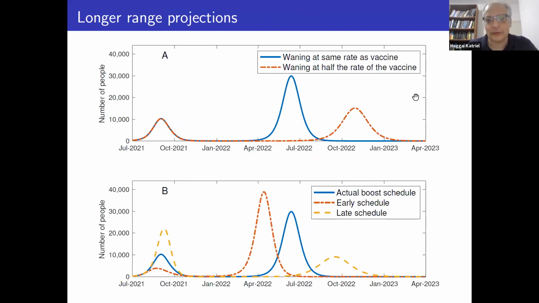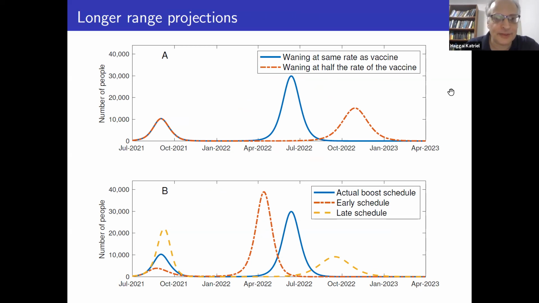Another thing, of course, is that we can now think about what's expected in the future. At this point, we're down to a few hundred cases per day. But what about the next wave? The big unknown here is the waning of the booster.